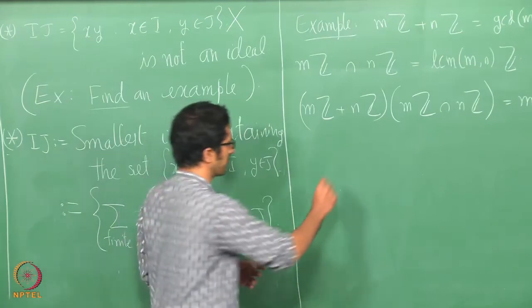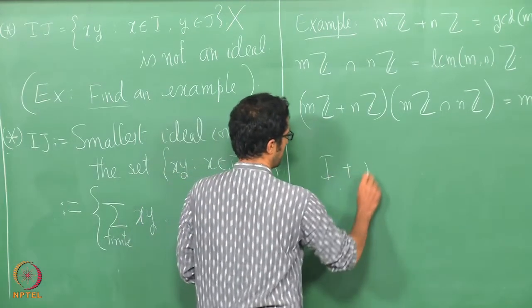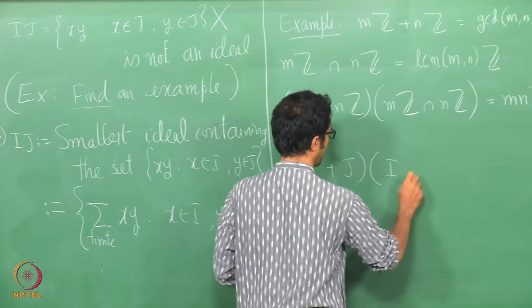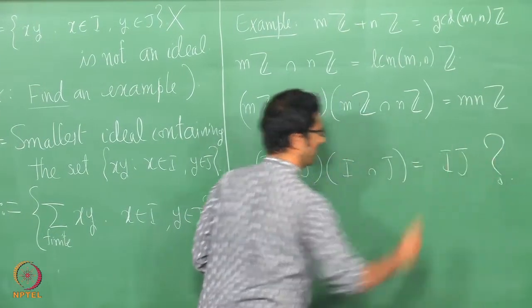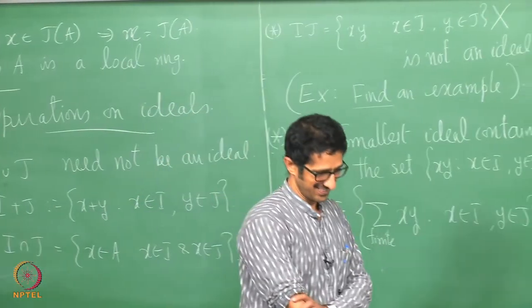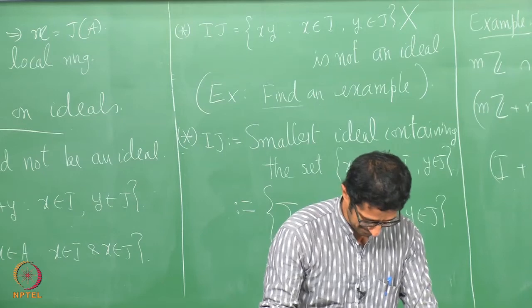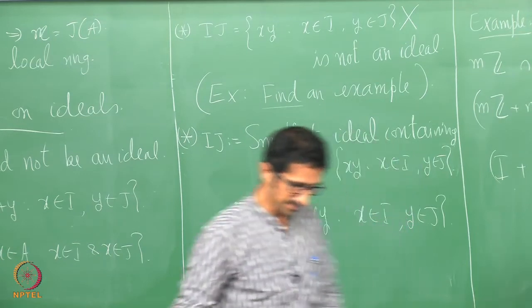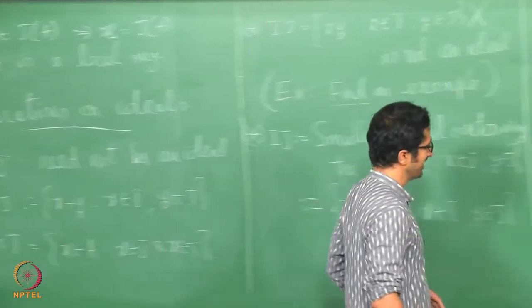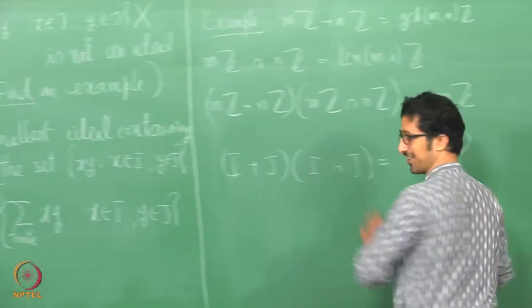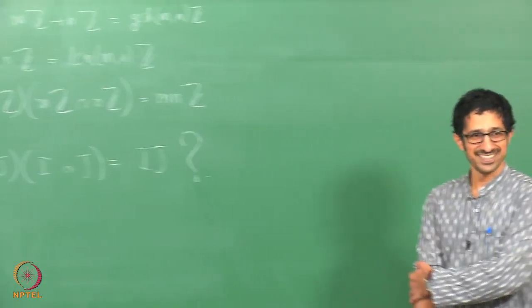So, in general, should we say I plus J times I intersection J is IJ? Right, this is the analog. Should we?